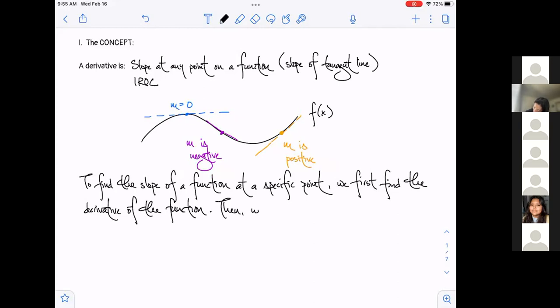Then we substitute in the value of the desired point.